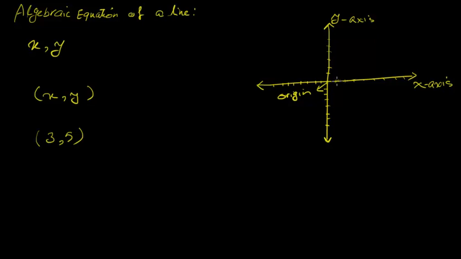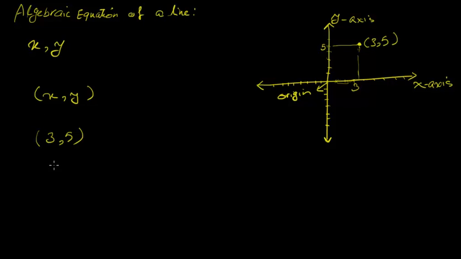So 1, 2, and 3 is in the x direction. This is 3. 1, 2, 3, 4, 5, 5 in the direction of y. So we plot a dot. Here is our point 3 and 5.